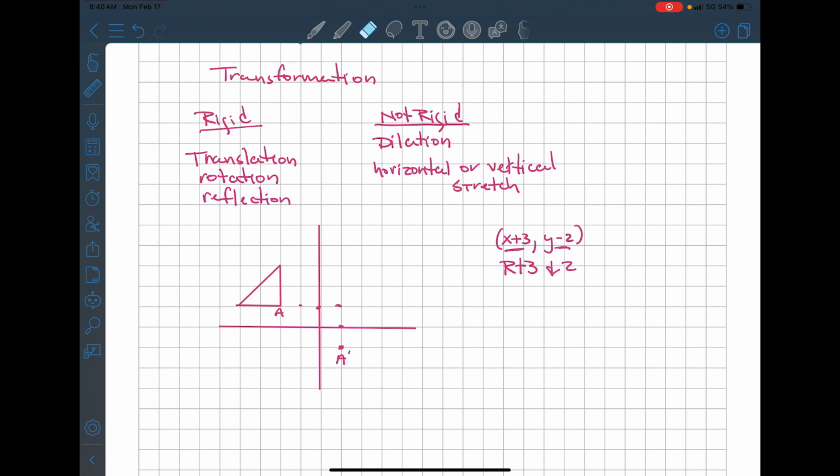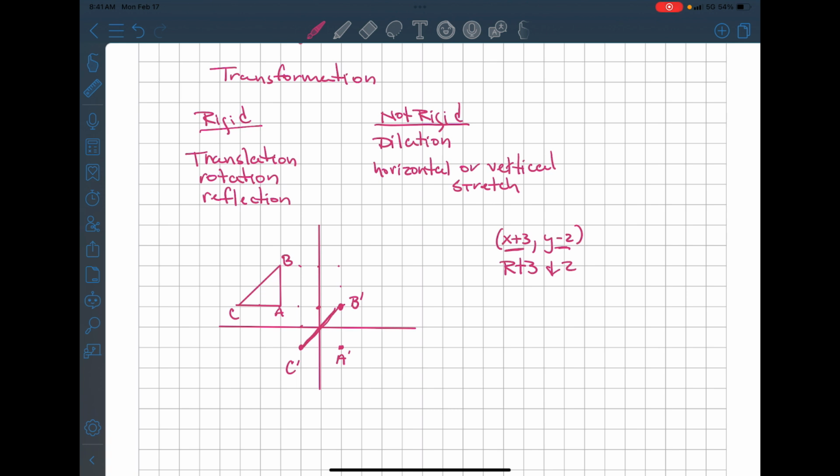I'm going to move those out of the way so it doesn't affect us. And then, so here's B. I'm going to move it right 3, 1, 2, 3, and down 2. And here is B prime. And if this were C, I'd go 1, 2, 3, 1, 2, and this would be C prime.